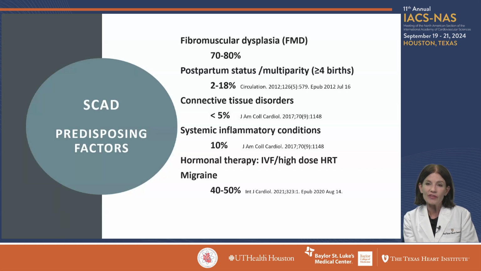Certainly systemic inflammatory conditions have been shown in early registries to be associated with SCAD, and hormonal therapy with high doses of hormones for gender reassignment or IVF has been shown to be associated with SCAD. Of note, migraines are common in women who have SCAD, occurring in at least 40 to 50% of patients who present with SCAD.